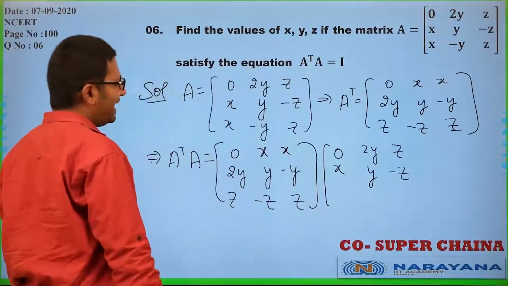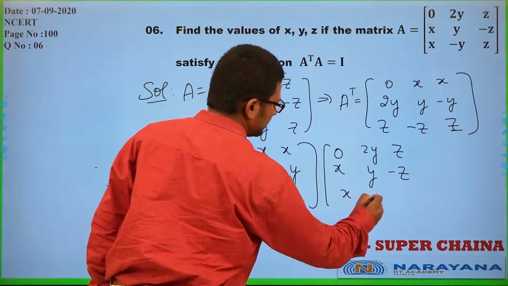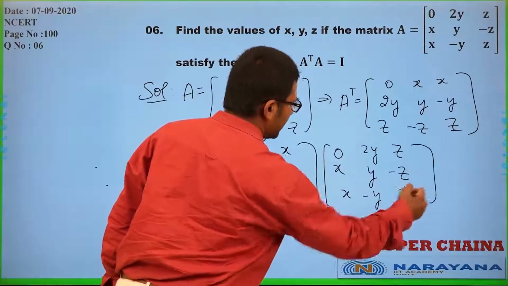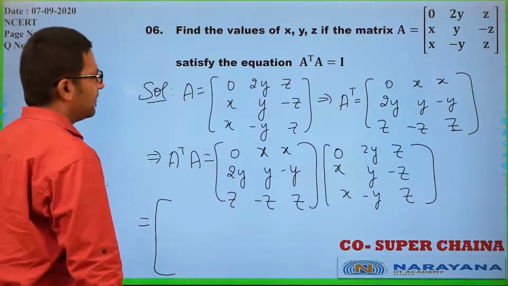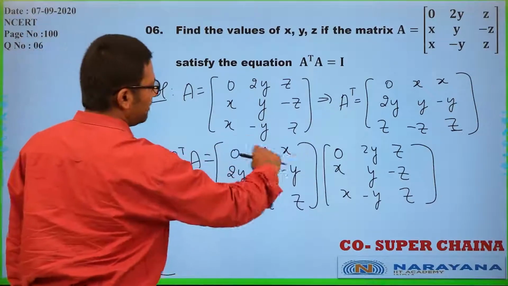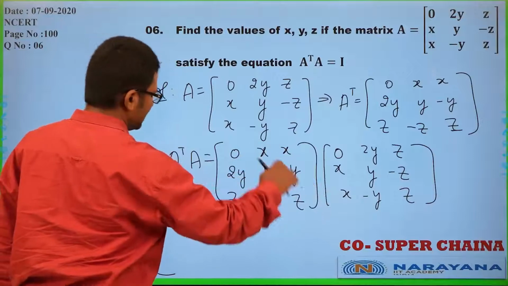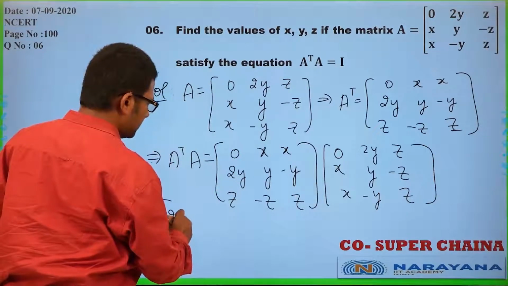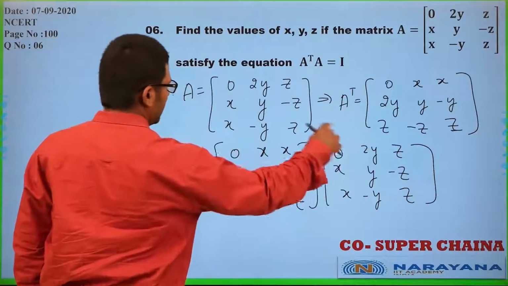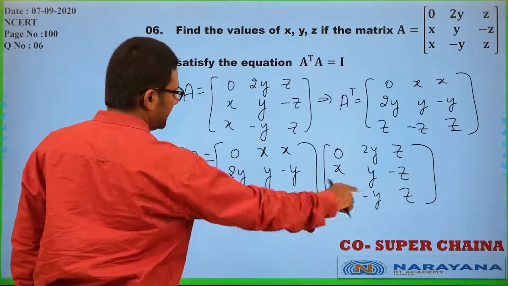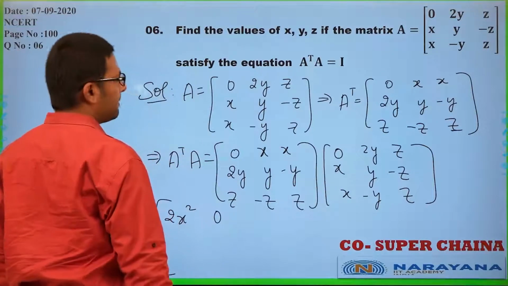Can you see this? Which is equal to, multiply: 0 plus x square plus x square, so 2x square, then 0, then xy minus xy, 0, right?